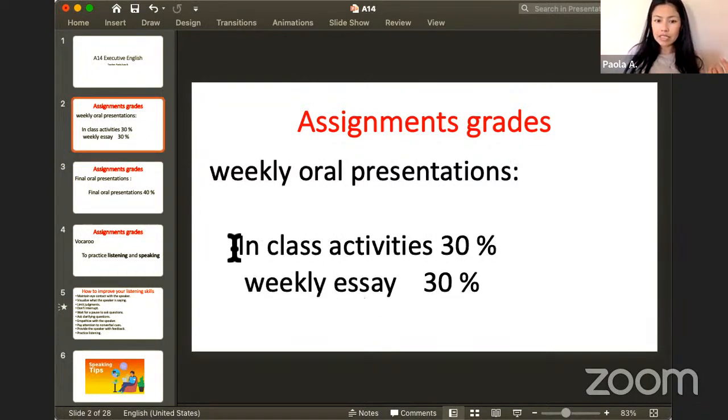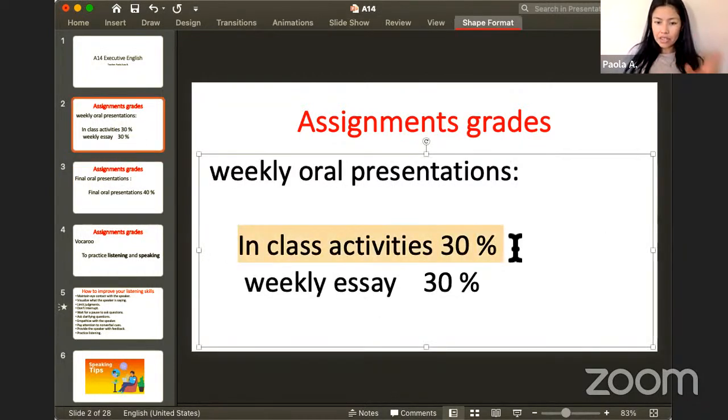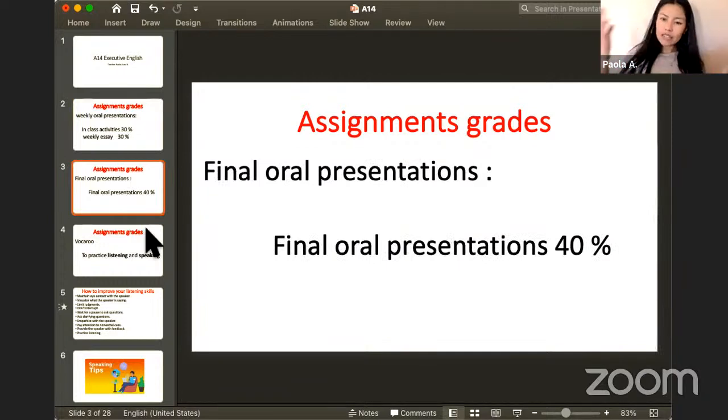For example, class activities I grade at 30%. Each couple of classes, the speaking essay is 30%, and the final oral presentation will be 40%. It's been like that the whole module.